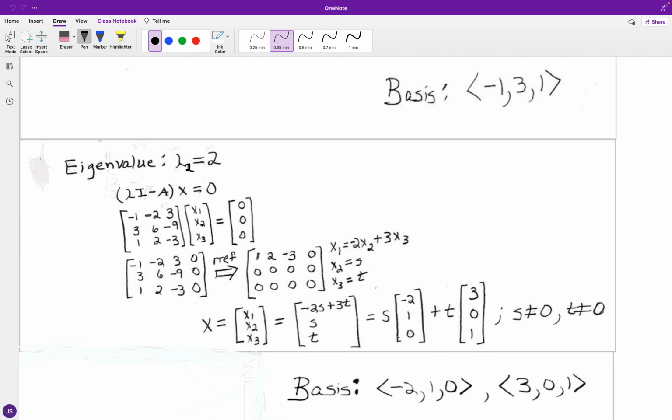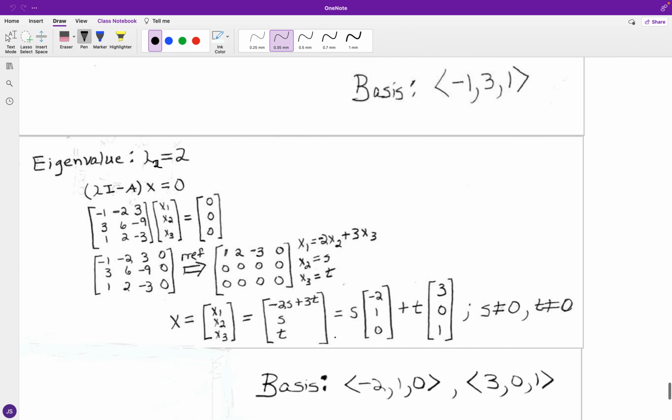So you have s times the vector -2, 1, and 0, plus t times 3, 0, and 1. So those would be our eigenvectors. And again, s and t are non-zero values. And again, the eigenvector basis, we have -2, 1, 0, as well as 3, 0, and 1.